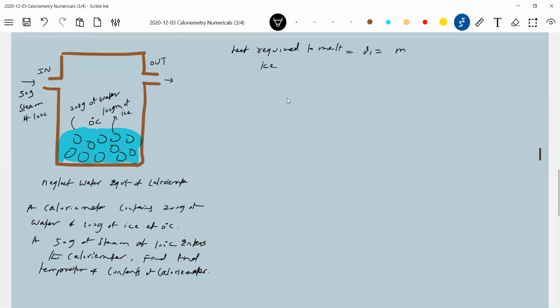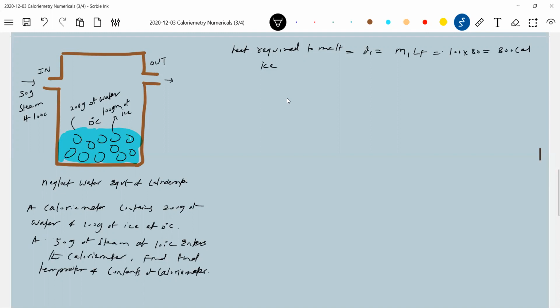So Q1 is equal to mass of ice, let it be M1, I'll write it, it'll be easy, into specific heat of ice, okay, this one, LF. So mass of ice is how much? 100 into 80, 8,000 calories.